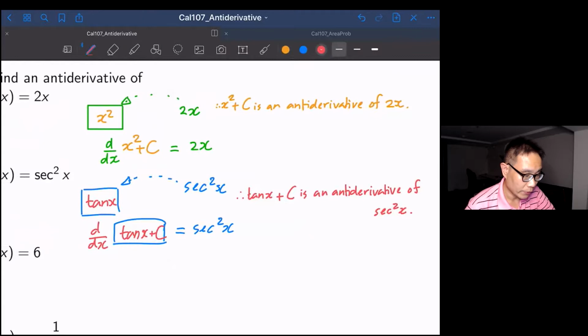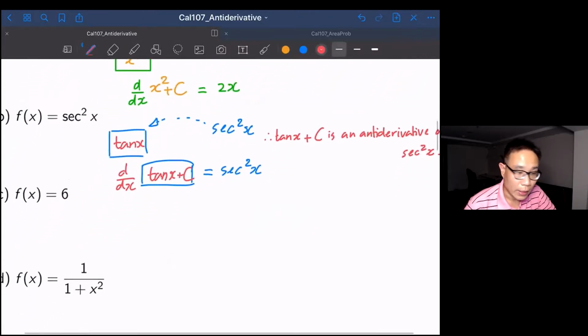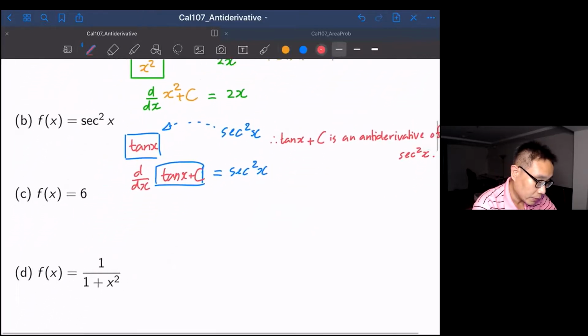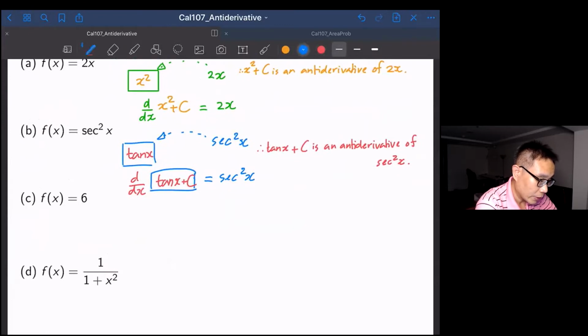Okay, so this one will be just easy. And the next one, you'd like to find the function that has derivative equal to 6. So you need d/dx of what equal to 6?